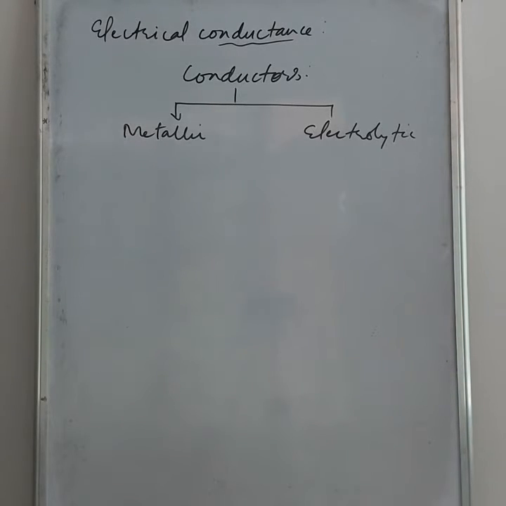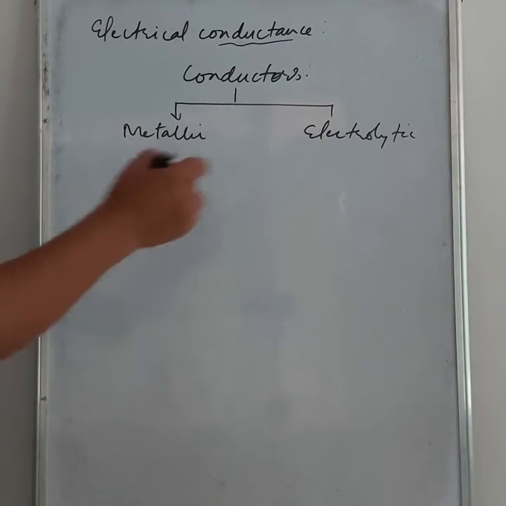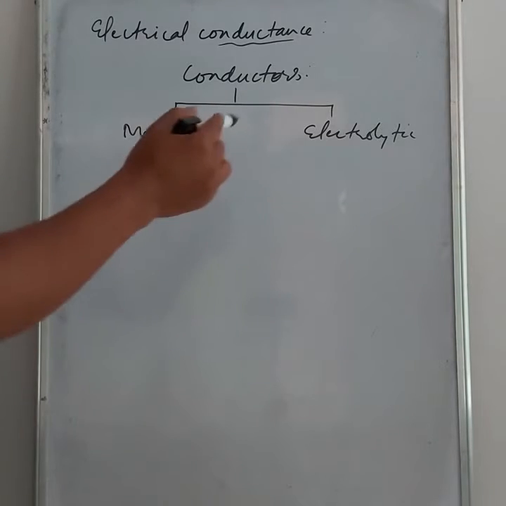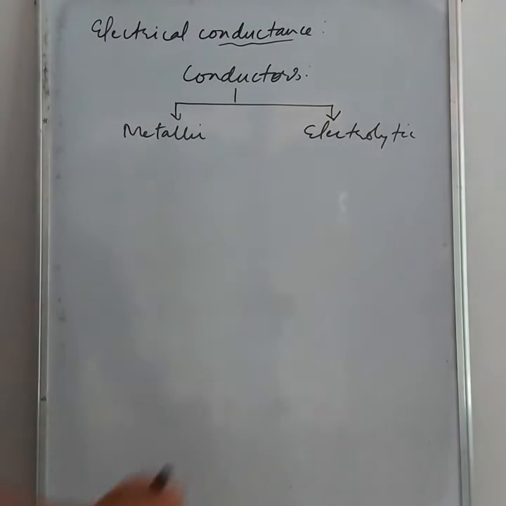Any metals that allow electricity to pass through them are called metallic conductors. And when we say electrolytic, that means it is in solution. Those solutions that allow electricity to pass through them. Normal water also behaves as an electrolytic conductor because it allows electricity to pass through it.